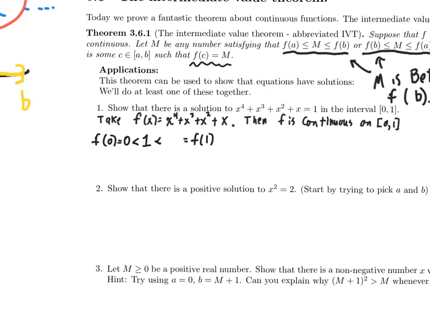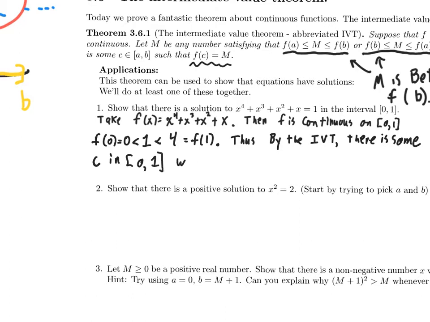Well, by looking at f(1), it looks like f(1) is 1 to the fourth is 1 plus 1 cubed is 1 plus 1 squared is 1 plus 1. That's 4. Yeah, 1 is less than 4. So 1 is between f(0) and f(1). Thus, by the IVT, there is some c in that interval with f(c) equals m.